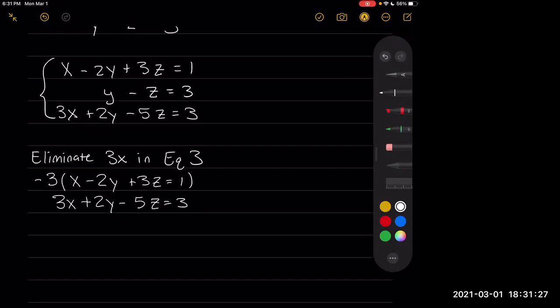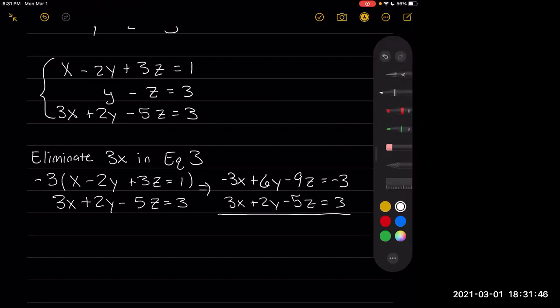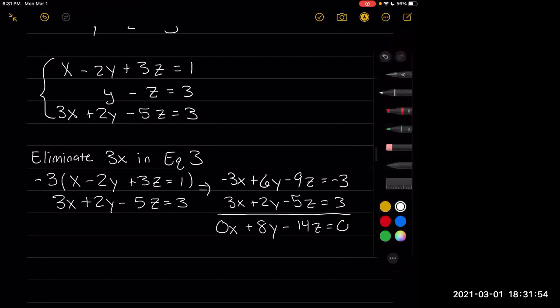And this becomes negative 3x plus 6y minus 9z equals negative 3. 3x plus 2y minus 5z equals 3. And when we add these together, we end up with a 0x plus 8y minus 14z equals 0.